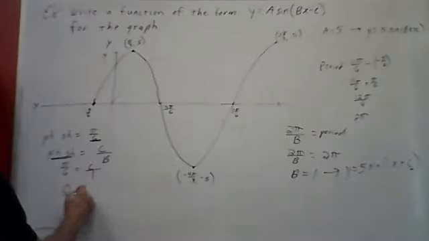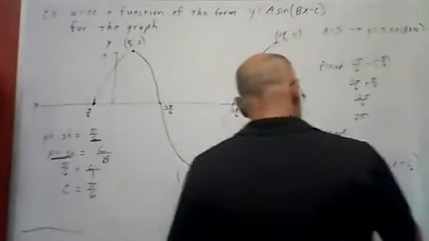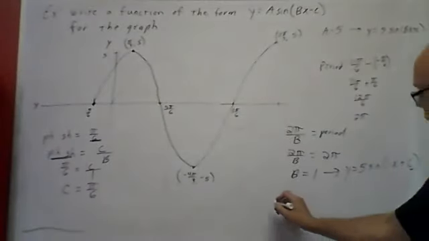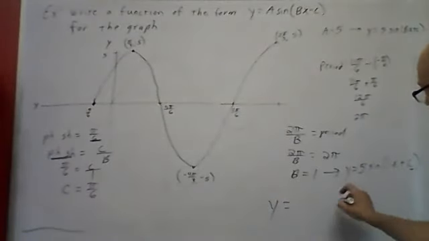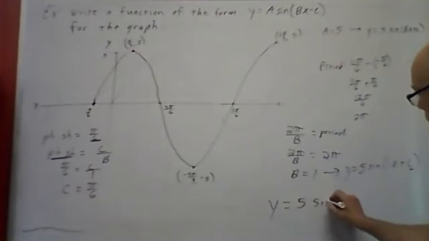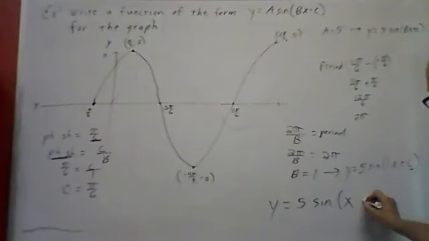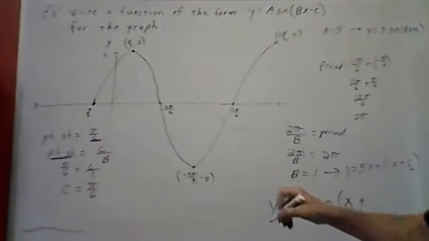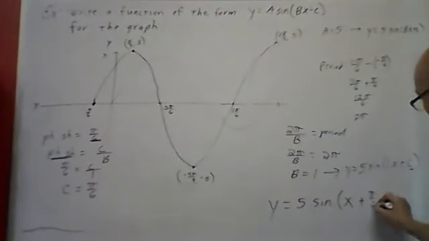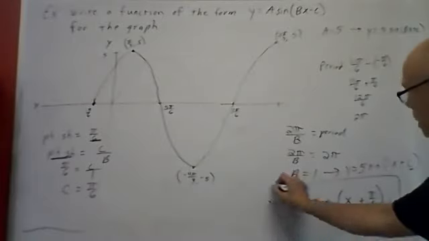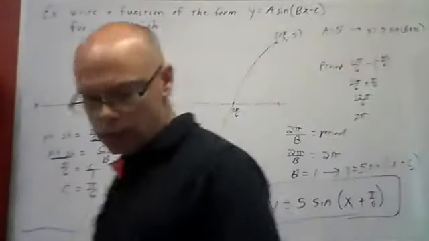So what is my c value? Pi over 6. So what does that give me now for my equation? Y is equal to 5 times the sine of 1x, or I could just say x, plus, what is my c value over there? Pi over 6. There is my equation I am looking for.